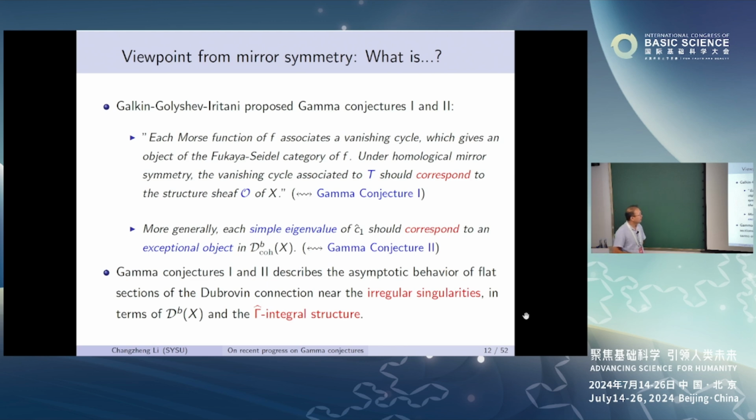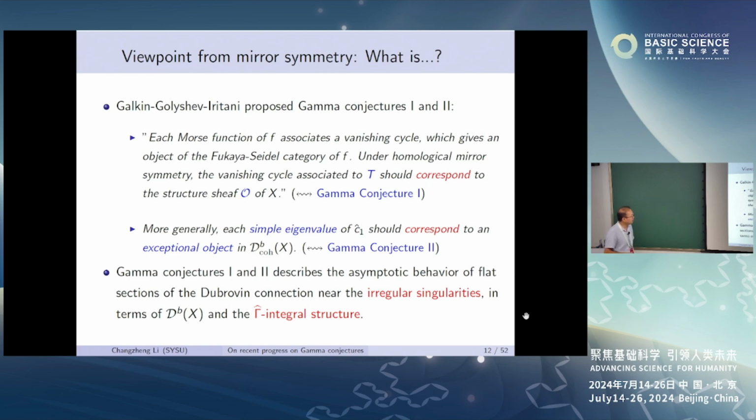Then from the viewpoint of homological mirror symmetry, for the superpotential here we can consider the Lefschetz cycles associated to the critical points. And then we say that the derived category on the B side of X should be equivalent to the Fukaya-Seidel category of the superpotential f.